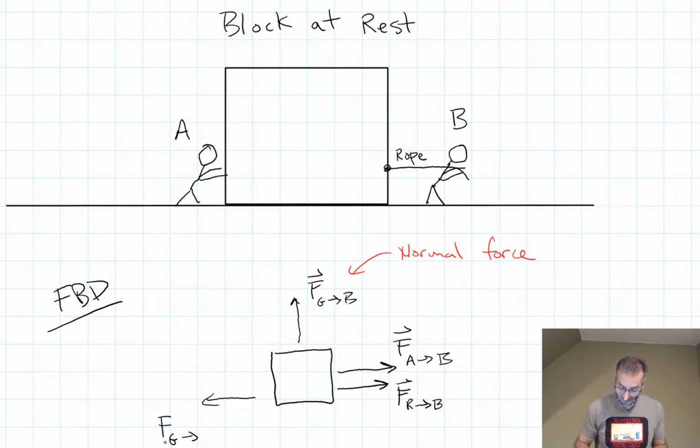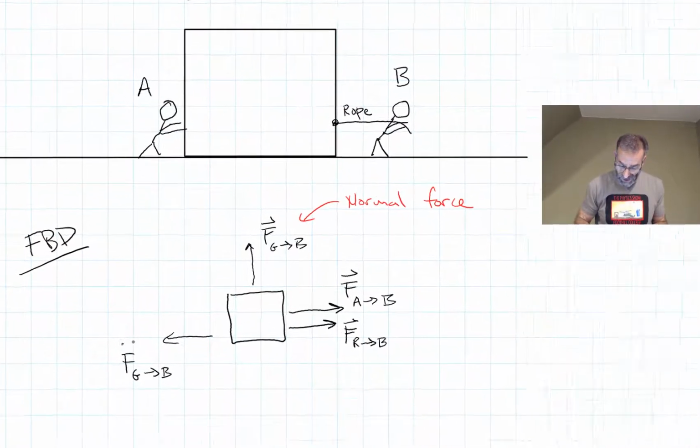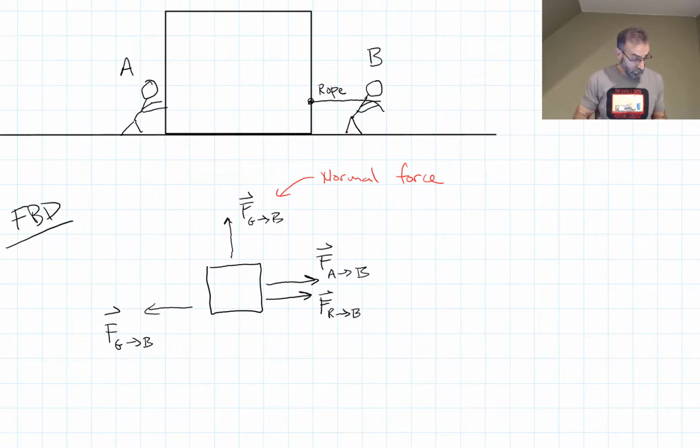There's a force from the ground on the box in this direction. That's from the friction interaction with the ground. That's everything that's touching our block.